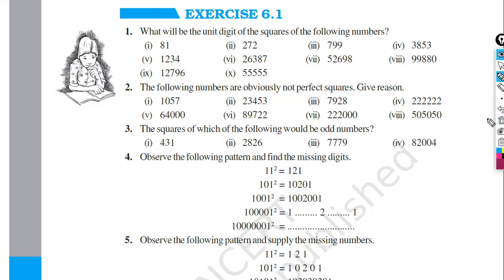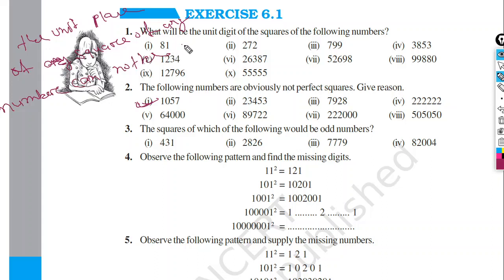What do we know? We know that the unit place of the square of any number cannot be either 2, 3, 7 or 8.